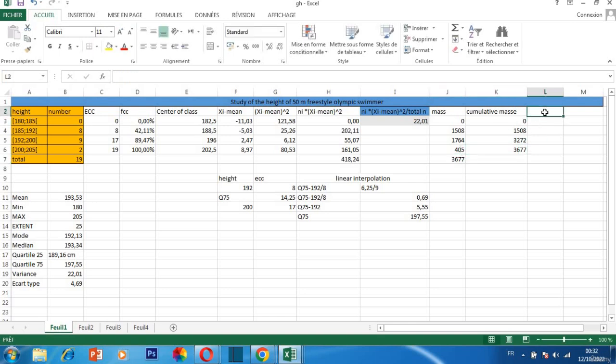So what we're going to do now is the frequency. We're going to calculate the cumulative mass in percentile, which is here divided by the total.